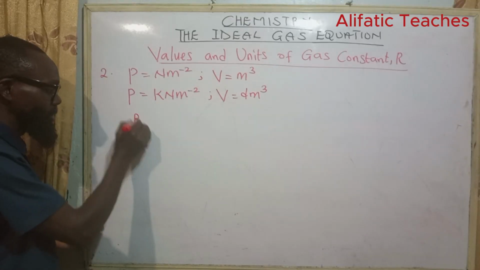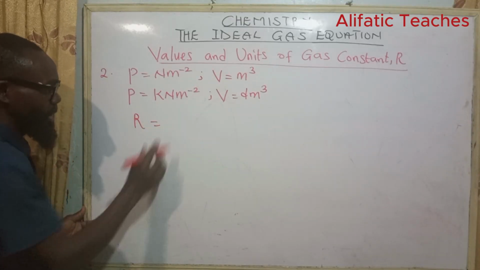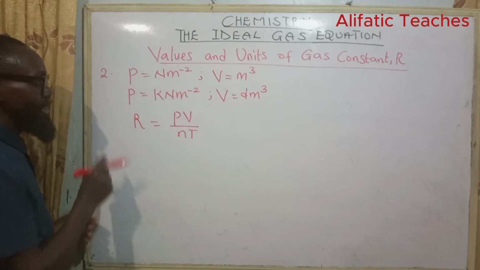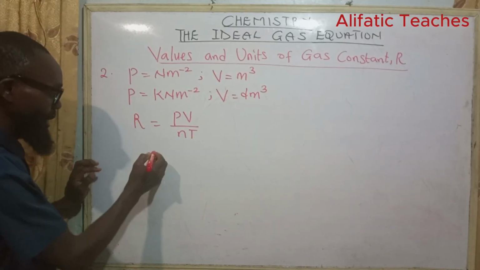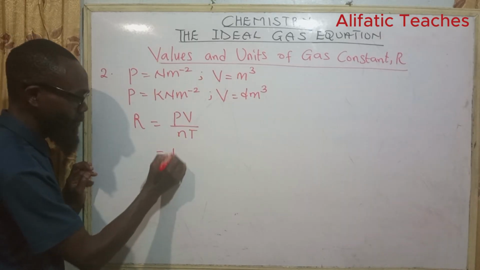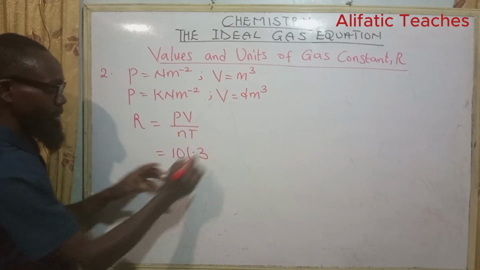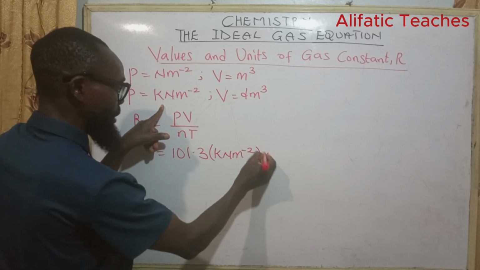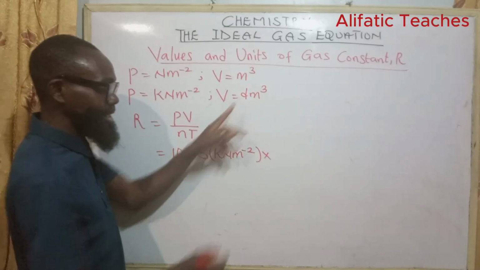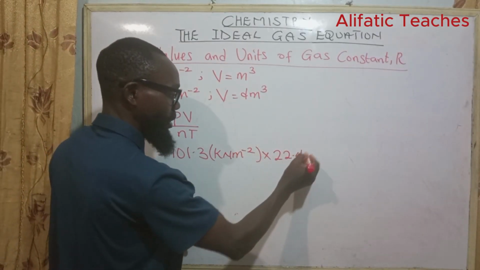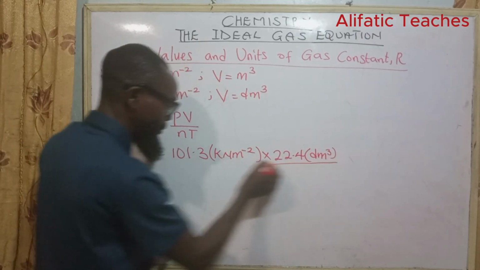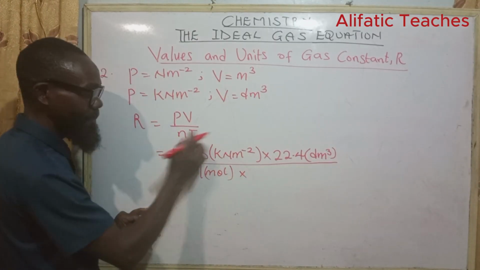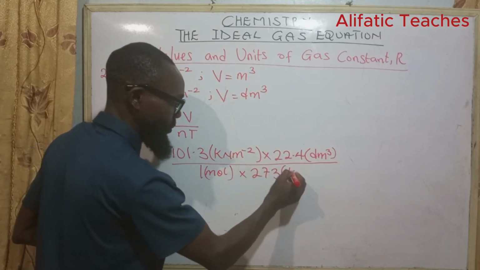So the formula: R is equal to PV over nT. Our pressure in kilonewton has a value of 101.3. So the unit here is kilonewton per meter square, multiplied by our volume, that is 22.4 in decimeter cube, divided by 1 mole, multiplied by temperature, 273 Kelvin.